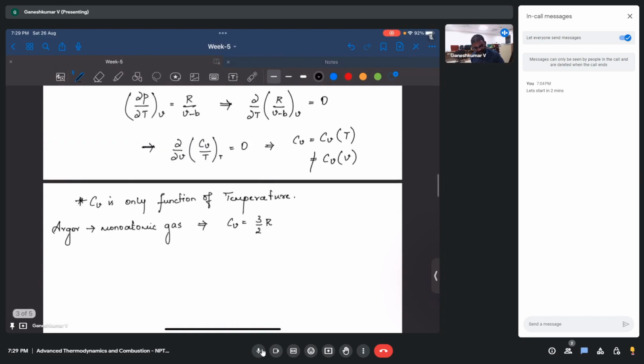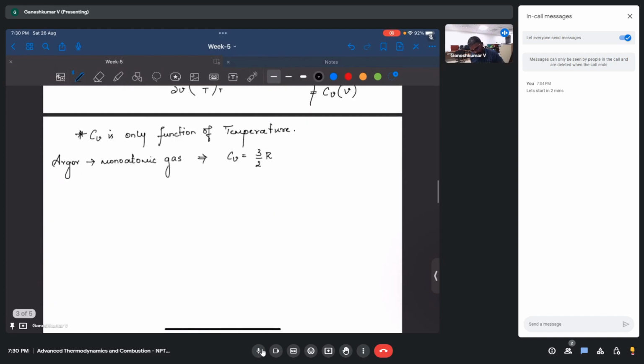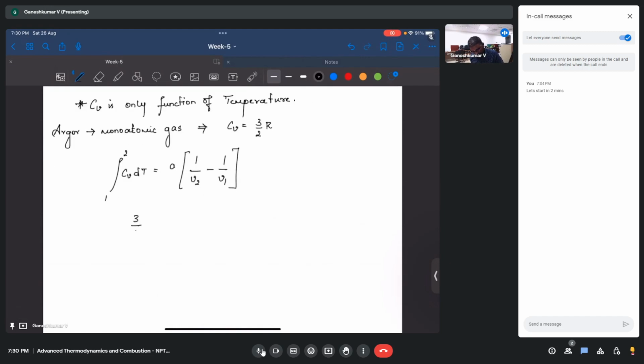If that is the case, we can consider Cv as a constant, and if we substitute it here, the integral of 1 to 2 Cv dT is equal to A times 1 divided by V2 minus 1 divided by V1. Now if we substitute it, we can write 3 by 2 times R, integral of 1 to 2 dT.